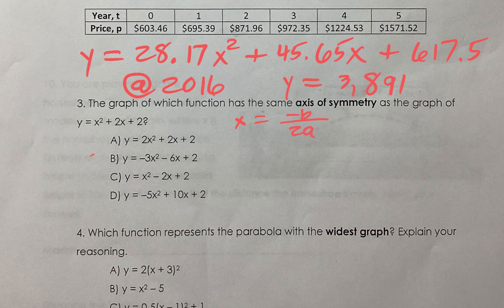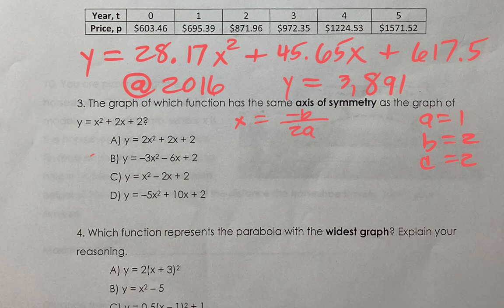So again, I need to know what a, b, and c are. So a equals 1, b equals 2, and c equals 2. Even though c is not needed here, so it really doesn't matter.